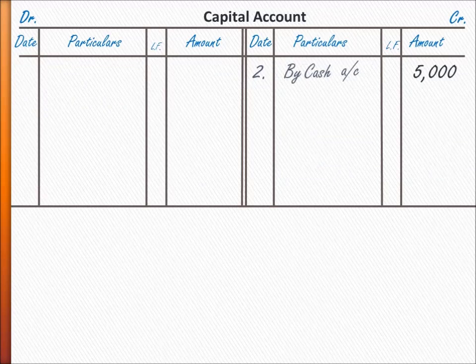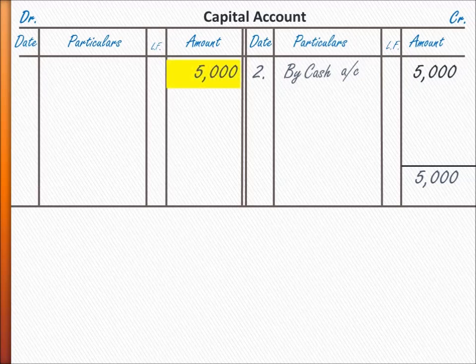Now come to the capital account. There is only 1 item on credit side, the total will be 5000. And on debit side there is nothing. If there is nothing, you will have to supply some amount on the debit side so that the totals can be equal. So on debit side write down rupees 5000 in the amount column, and the date will be 31st March 2013.